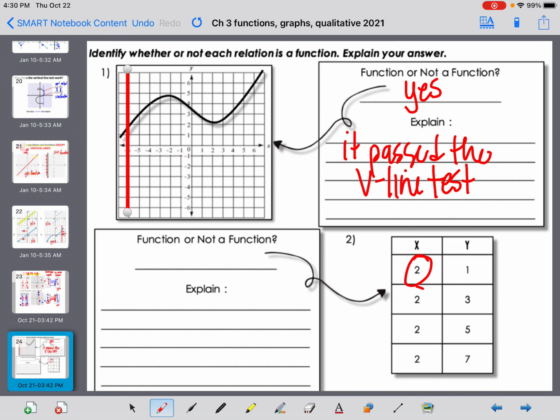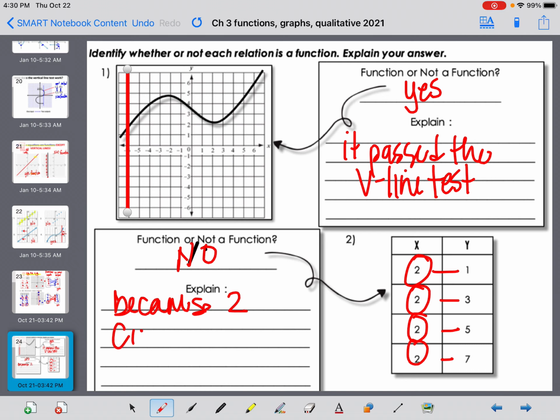Over here, I'm putting a 2 in every time, but I'm getting a different number as my output every time. So this one is no, because 2 could only have one output.